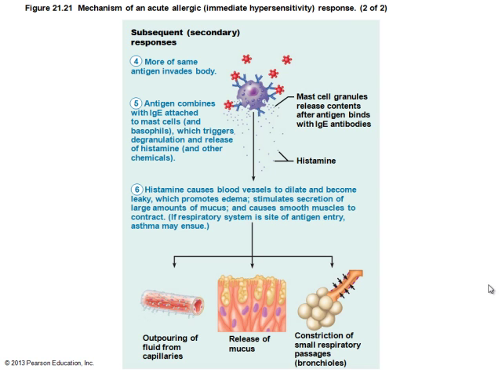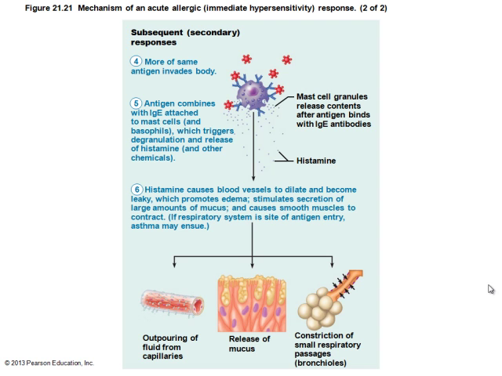So we're going to see inflammation due to outpouring of fluid from capillary beds, because it's going to cause the dilation of capillary beds throughout the circulatory system. We're going to start releasing mucus as a result, and this might even cause the constriction of bronchioles.